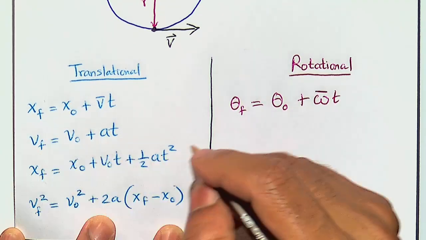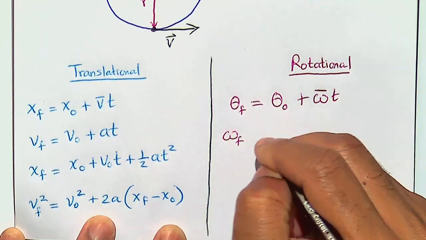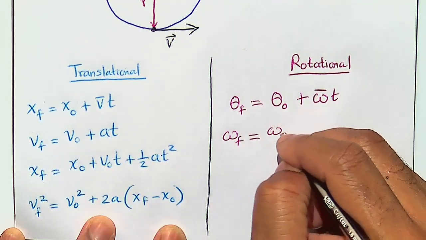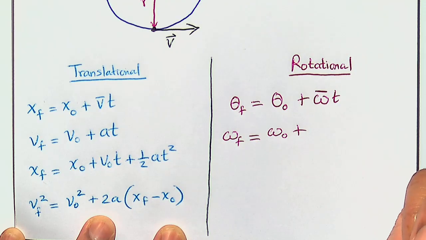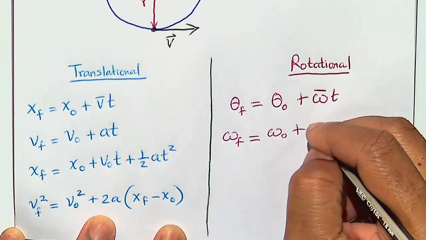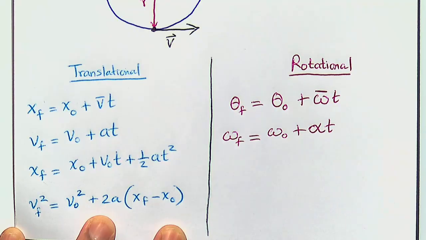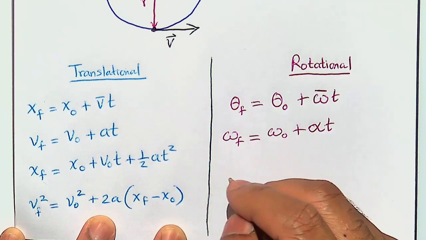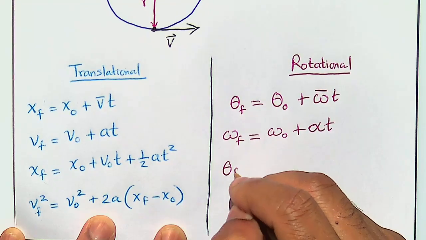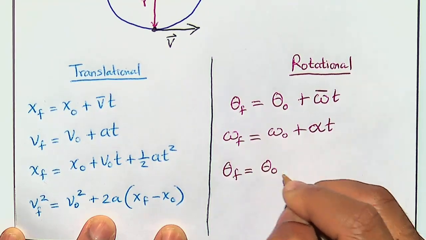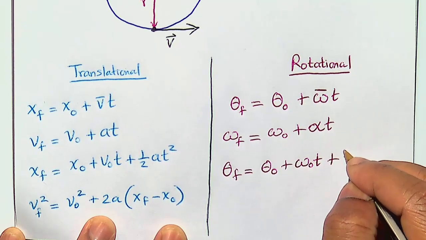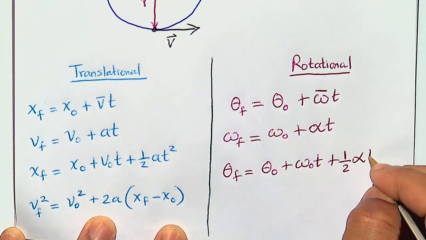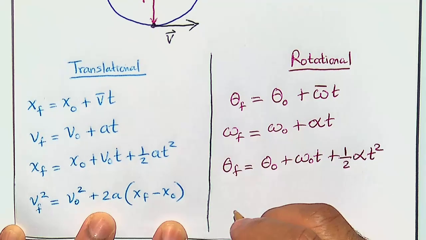Again here, velocity final, so omega final is equal to omega initial plus the angular equivalent of acceleration, angular acceleration, times time. And we're done with that equation, and so on. So we have all four that we can write down by swapping out the linear variables for the angular variables.